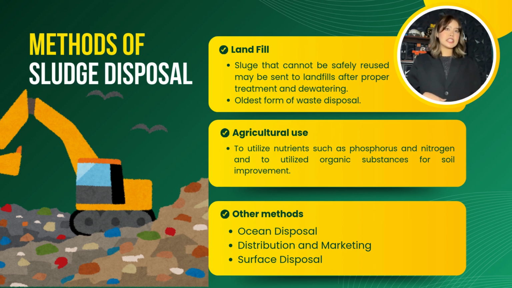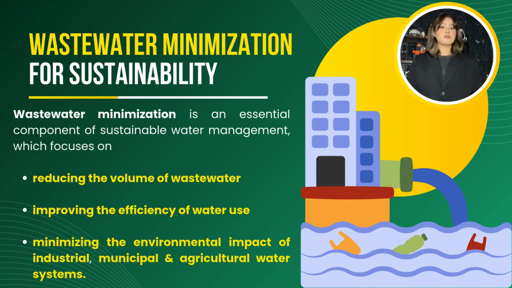Other methods are ocean disposal, in which they dump or controlled-release in marine water, and distribution and marketing, wherein they sell the sludge in bagged or bulk form. Lastly is surface disposal, in which a controlled area is where sewage sludge is placed for a year or longer.